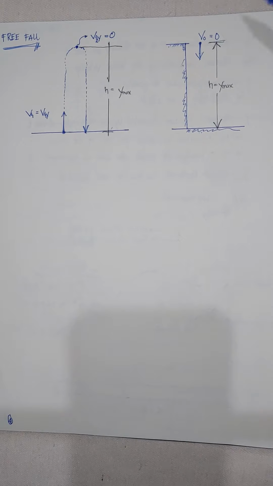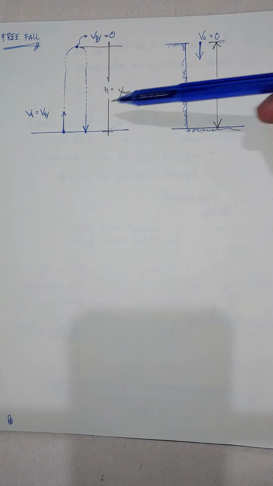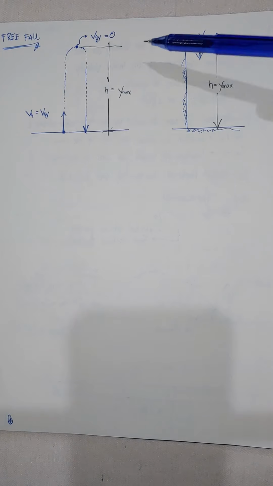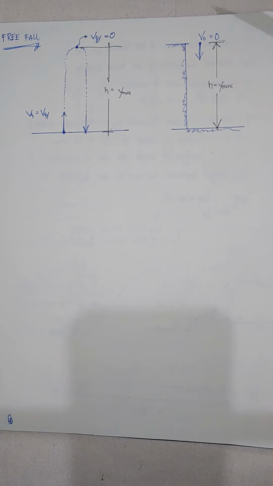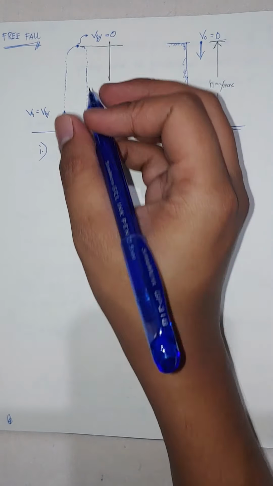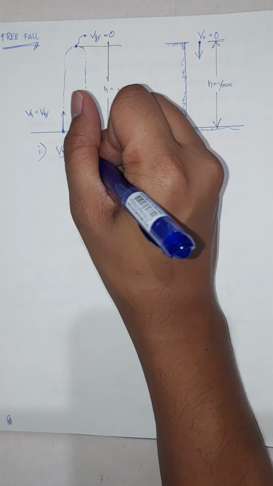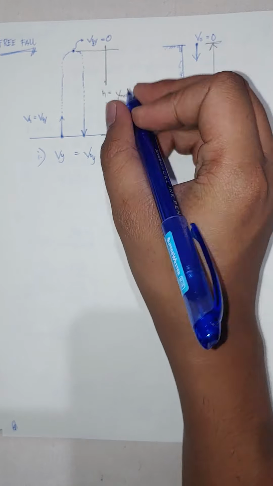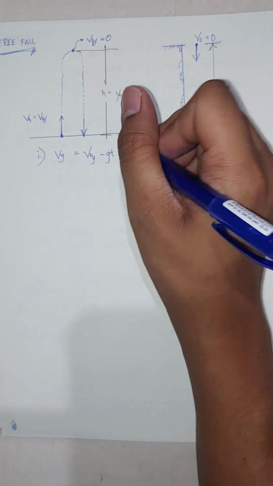Since there is no x component or horizontal component consideration in these scenarios, the free fall objects thrown upward are along the y-axis. So we use the equations for the y component. First, vy is equal to voy minus gt.